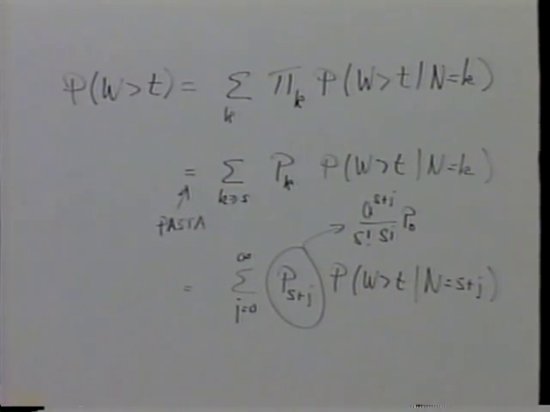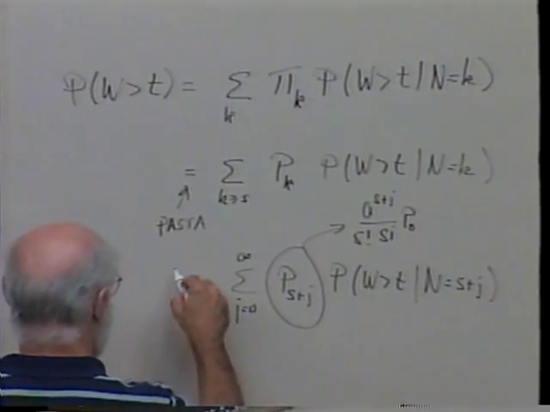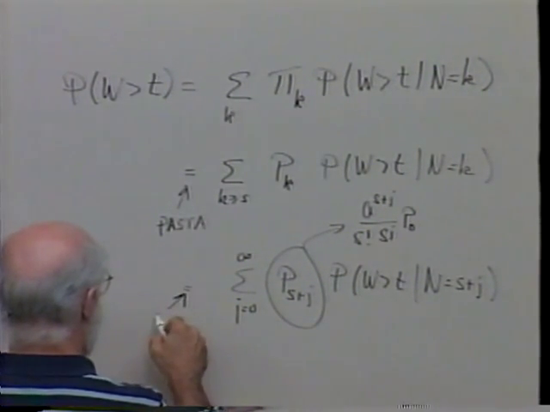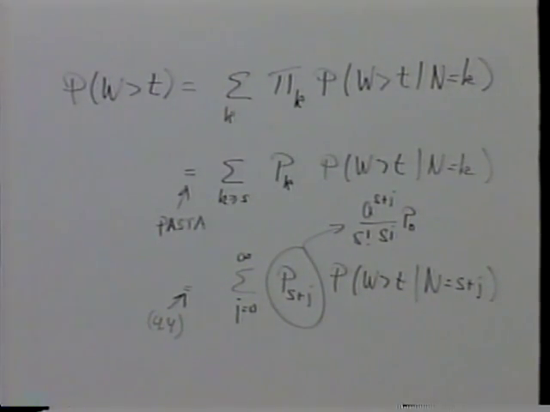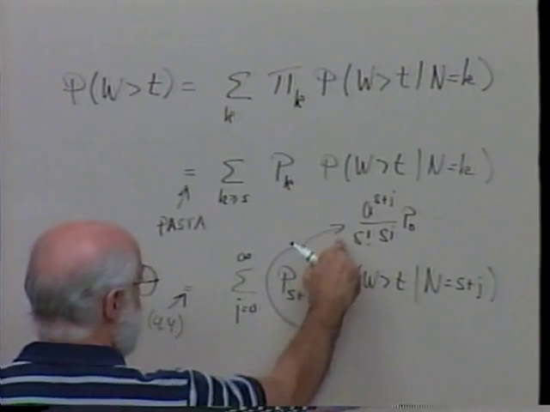That's what we got when we solved the rate up equals rate down equations. So in fact, this is equation 4.4 in the book. That is, 4.4 is the one that says that that is equal to that.